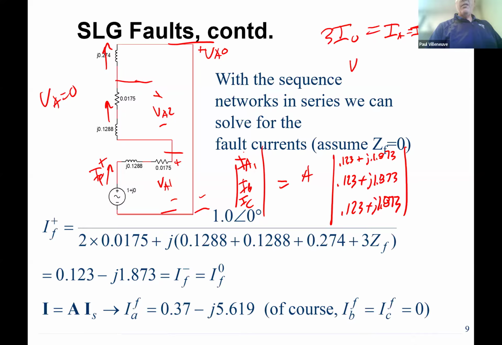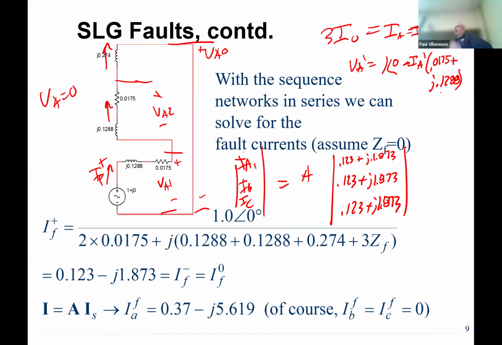So VA1, the way you solve for it is 1 at an angle of 0 minus IA times 0.0175 plus j0.1288. That's how you solve for it.